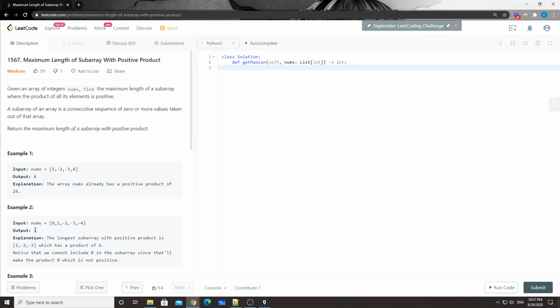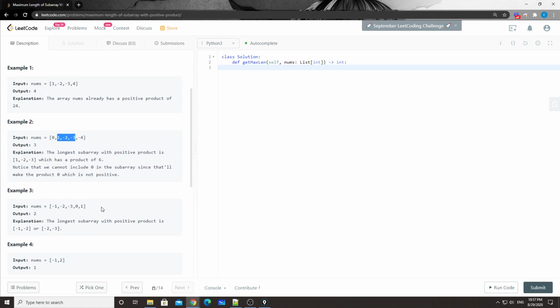So for this one, it's going to be 1, minus 2 and minus 3. For the third example here, it could be either minus 1 multiplied by minus 2, or minus 2 multiplied by minus 3.